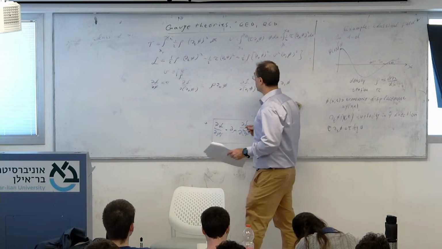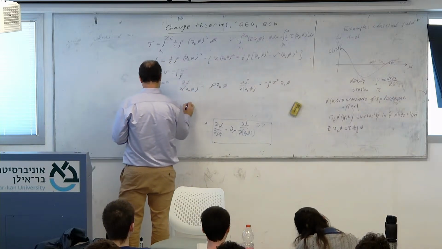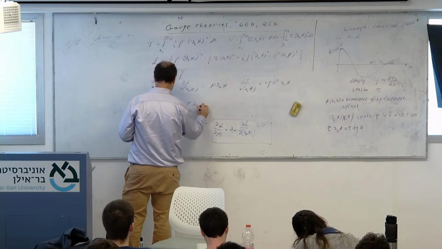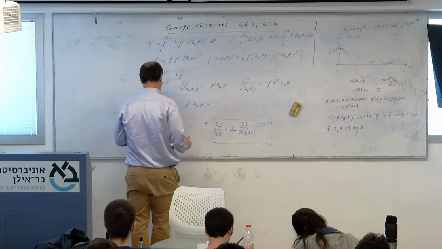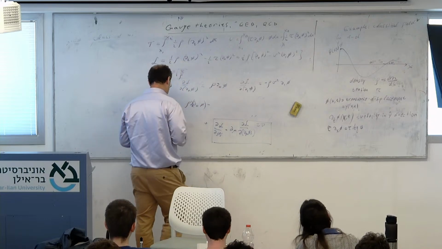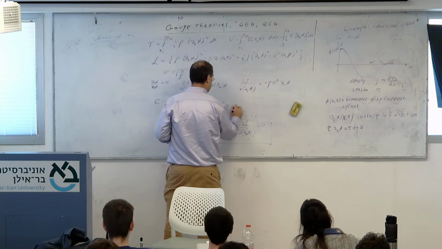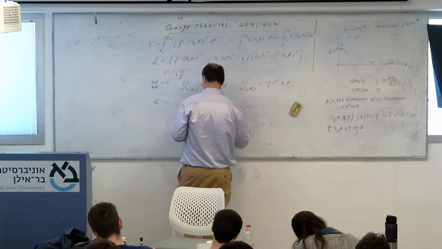And the Euler-Lagrange equation: rho d0 of d0 phi minus rho v squared d1 d1 phi is equal to 0.